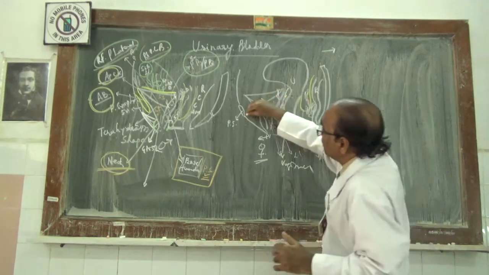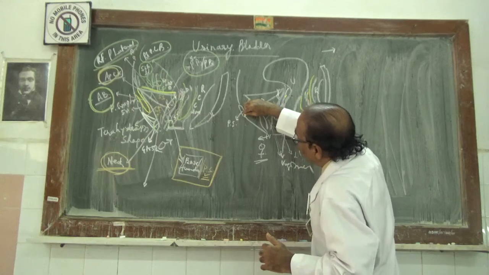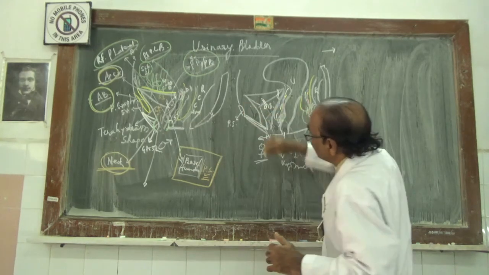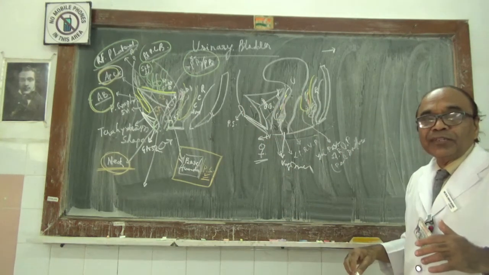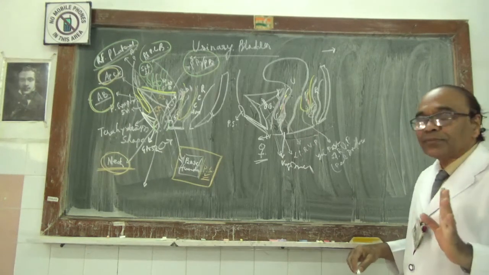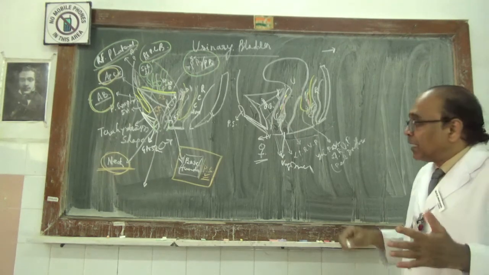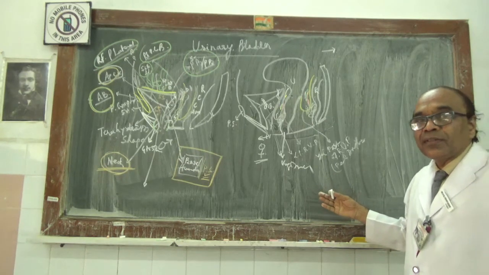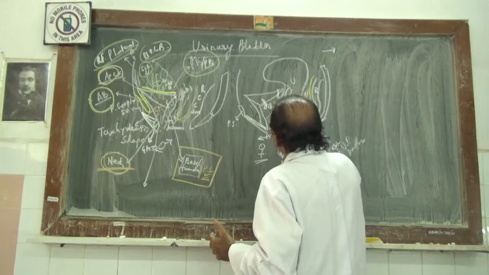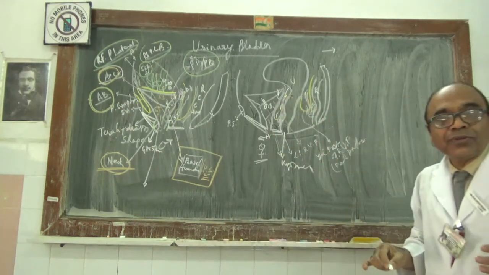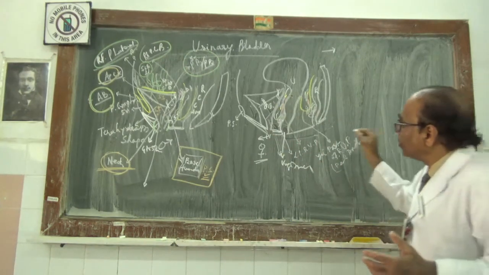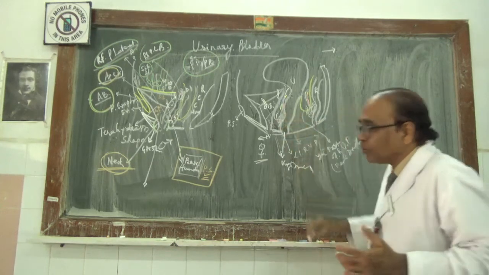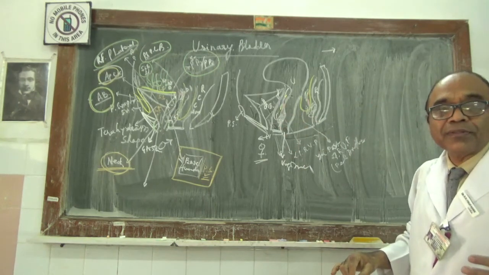In female, you have got the pubovesical ligament and the two lateral ligaments and the thin cervical ligament.